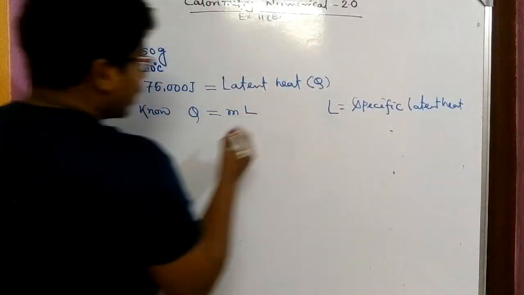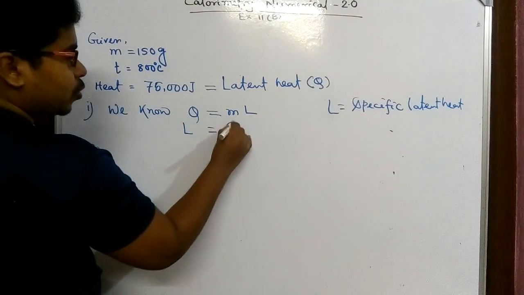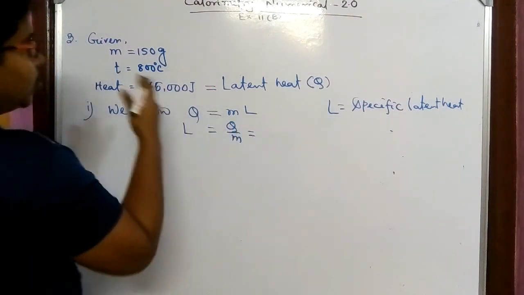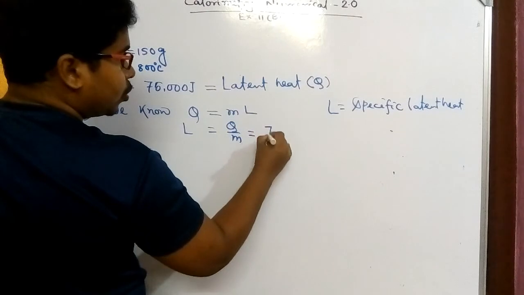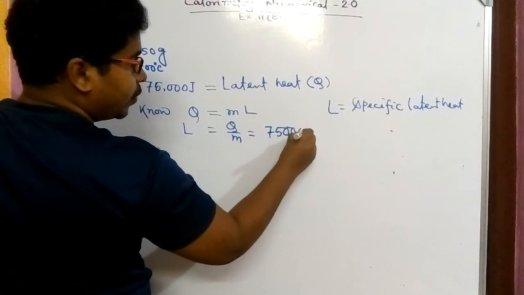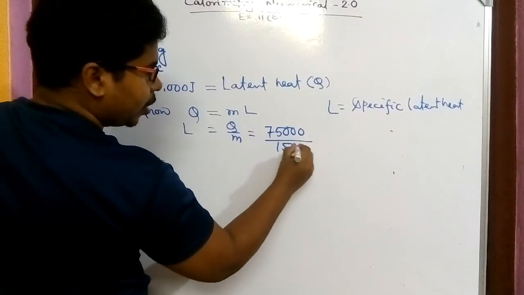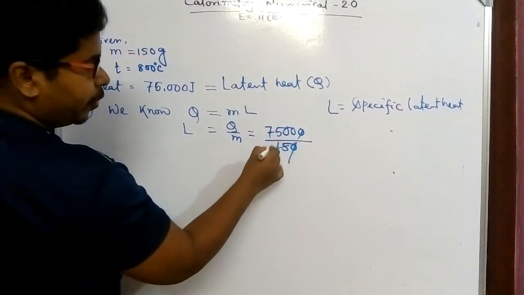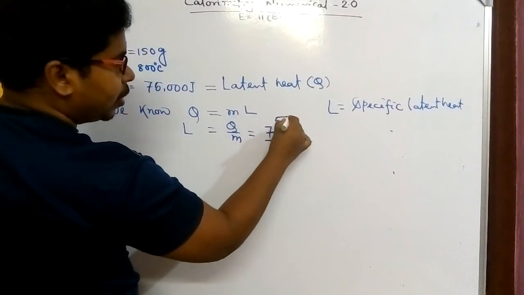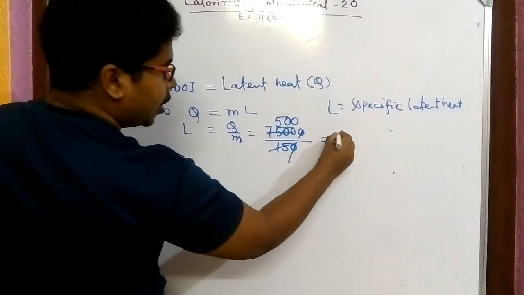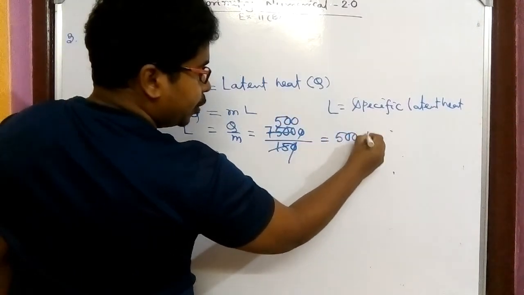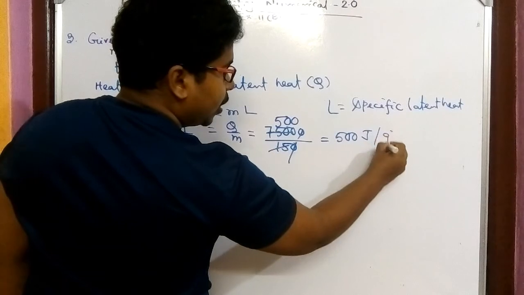This L you have to find out. So L equals Q by M. Put the values here: Q equals 75,000 by 150. Zero zero, 15 fives are 75, so it is 500 joule per gram.